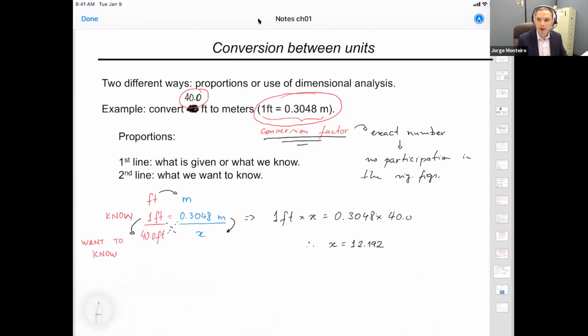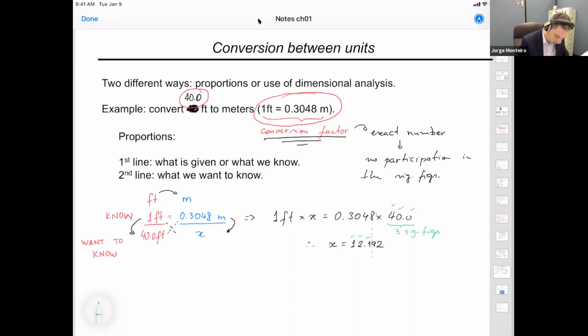Therefore, the only number that will limit our significant figures is 40.0. 4 is significant. We have a 0 and a decimal point, so that's significant. And the last 0 is significant as well. So we have here 3 sig figs. Therefore, our result must have 3 sig figs. 1, 2, and 3.